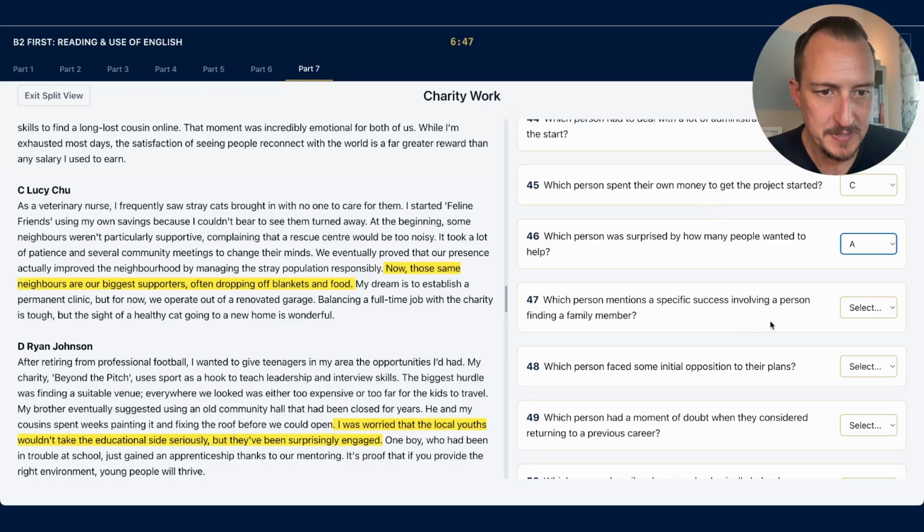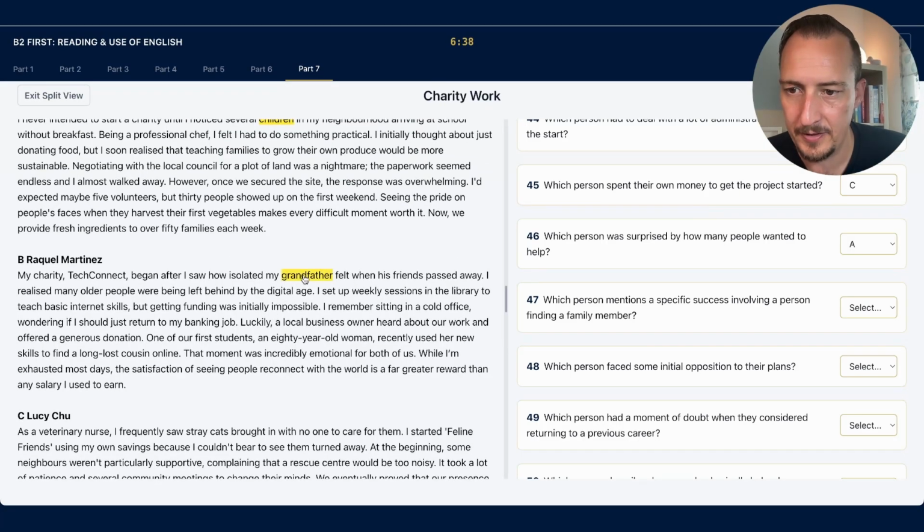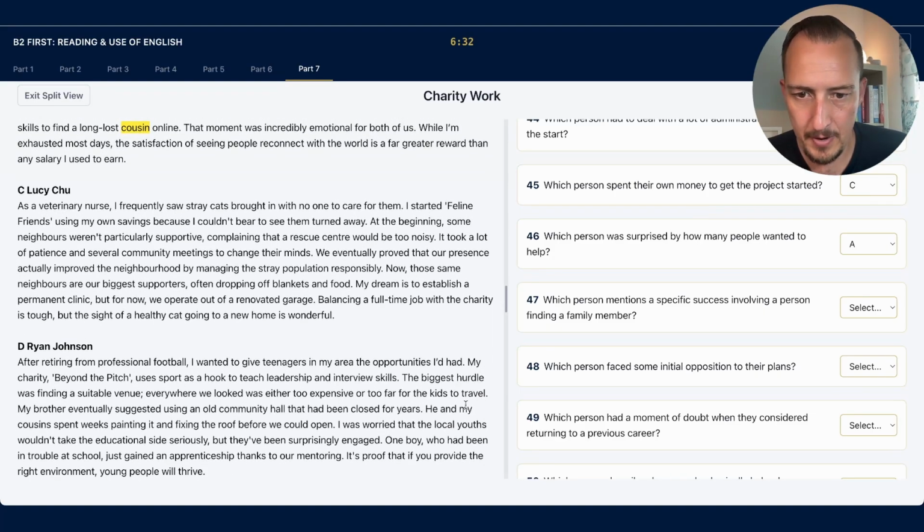Which person mentioned specific success involving finding a family member? We had the family members before, so let's highlight them again. Children, there was a grandfather, also a cousin we saw. There was also a brother, I remember. My brother and my cousins.